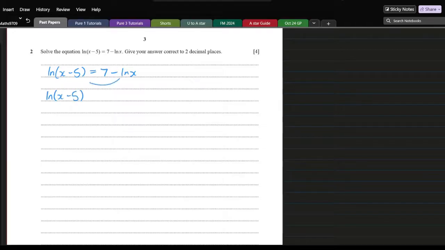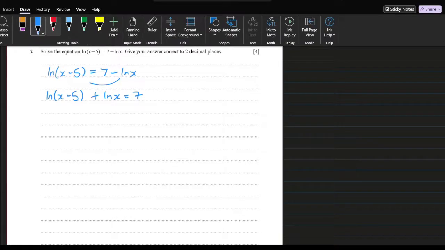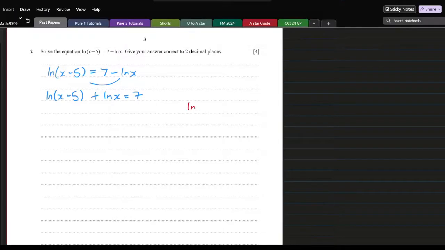Move that to the left, it becomes positive ln x, and this is equal to 7. Alright, and then here we are going to use the law of logarithm that says that ln a plus ln b is equal to ln ab to simplify our logarithms on the left hand side.